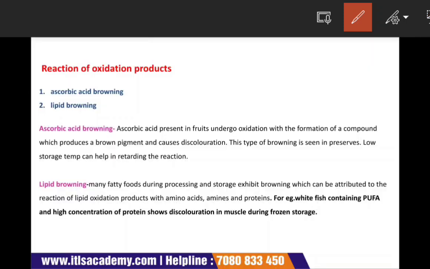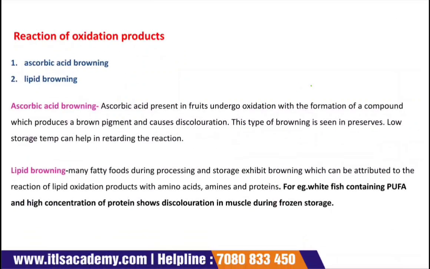So that's all about the browning reaction, and why it is used: because it imparts color and flavor. Where is it used? The browning products are used in the beverage industries, for imparting the brown color to Coca-Cola.